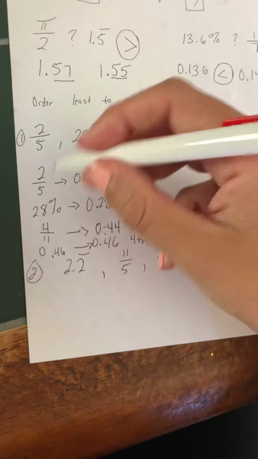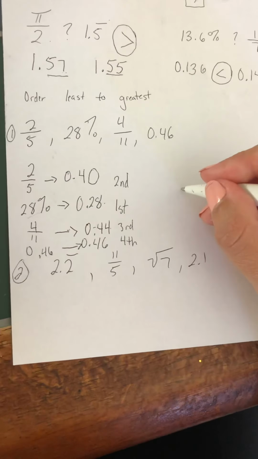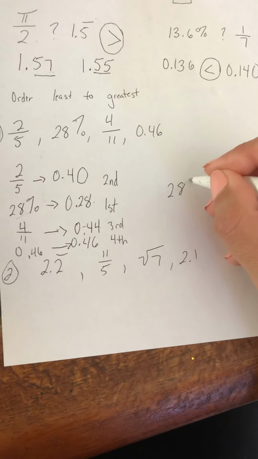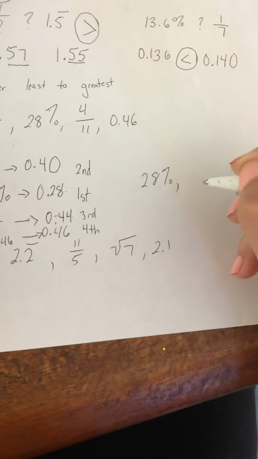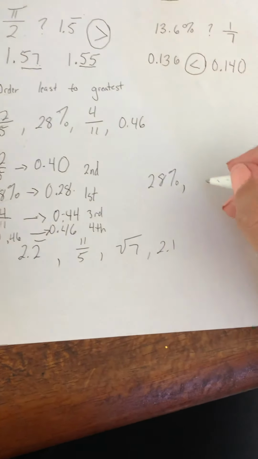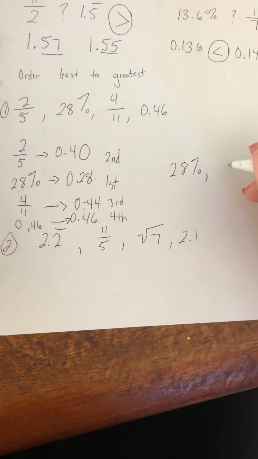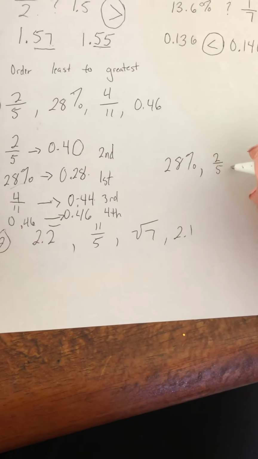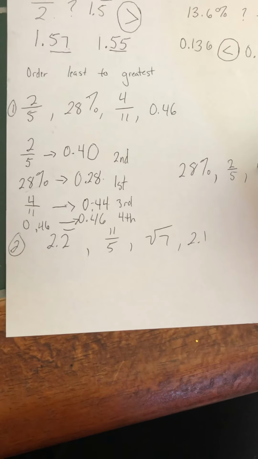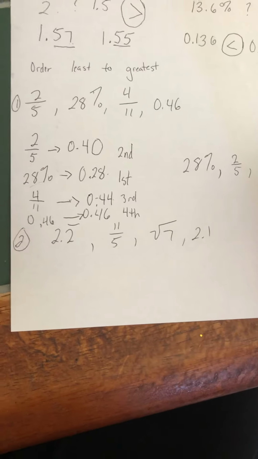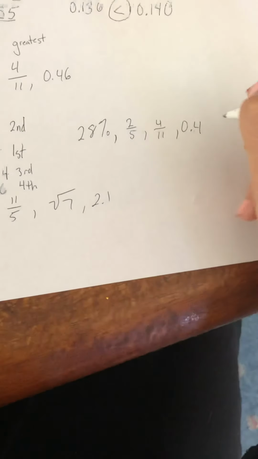You want to put them back into the original form, especially if it's multiple choice. So 28% is the smallest. The second smallest is 2/5. Next smallest is 4/11, followed by 0.46. Sorry.